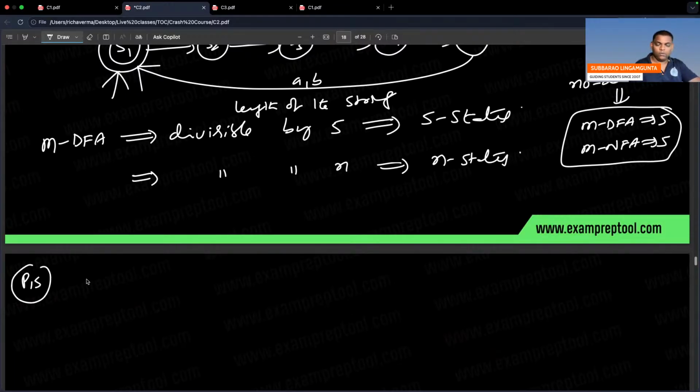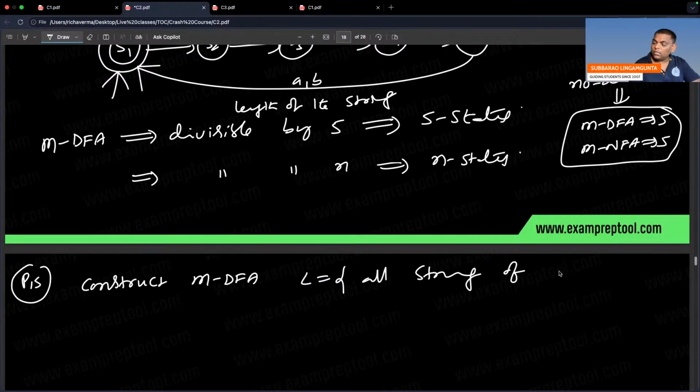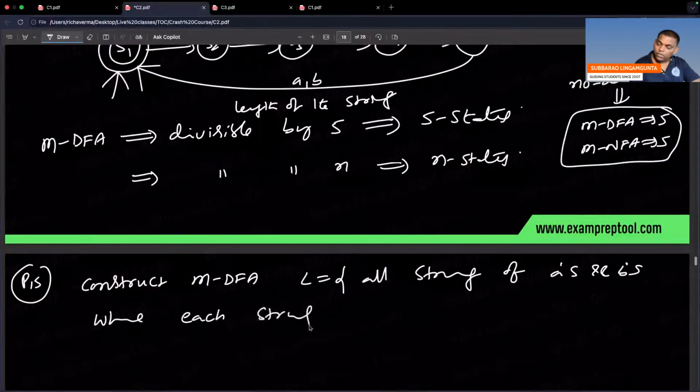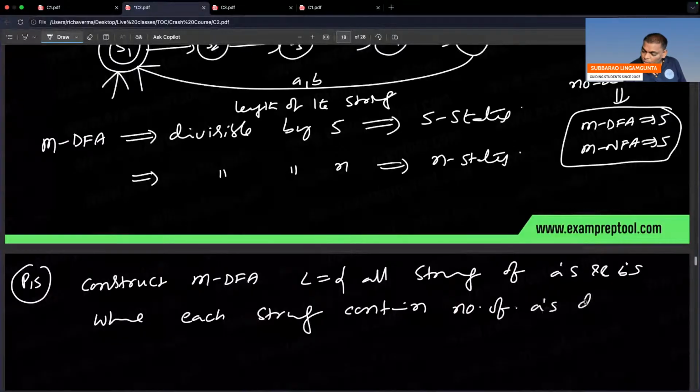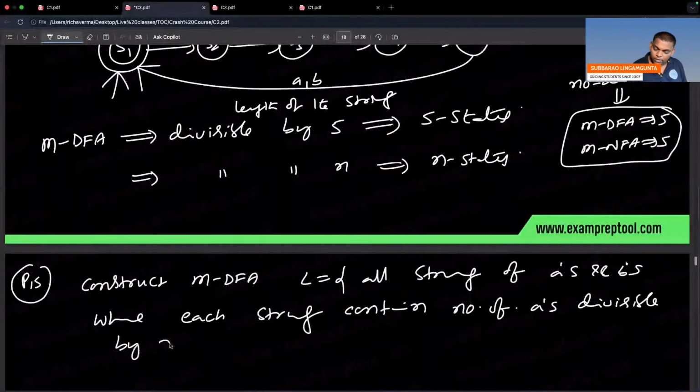See this also. Construct minimal DFA for the language L is equal to, it is also important, all strings of A's and B's where each string contain number of A's divisible by 7.